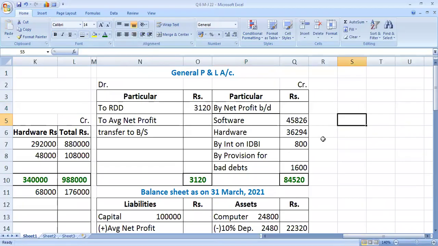Now I am closing the general profit and loss account. General profit and loss account credit side is more than the debit side. Credit side total is 84,520.